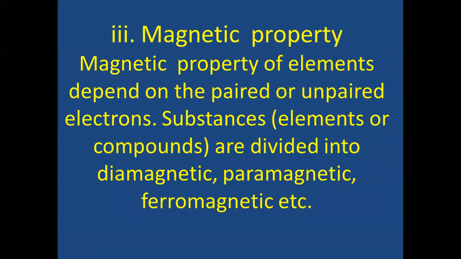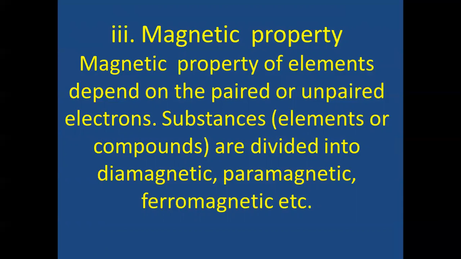Now, the next property we can take is magnetic property. Let us understand what magnetic property actually is. You know that certain substances are attracted in a magnetic field. What is a magnetic field?